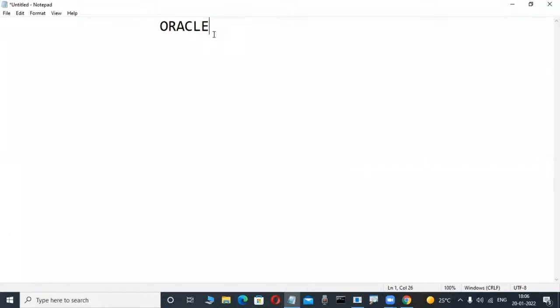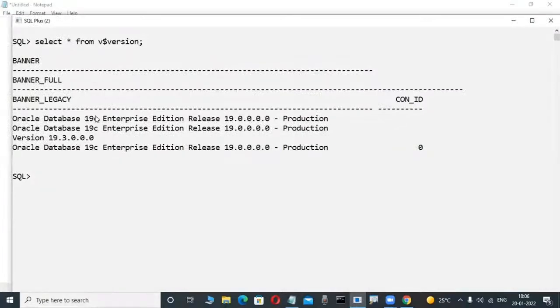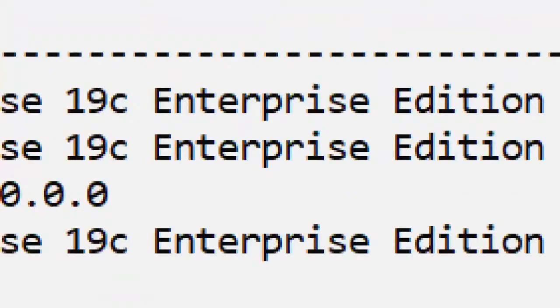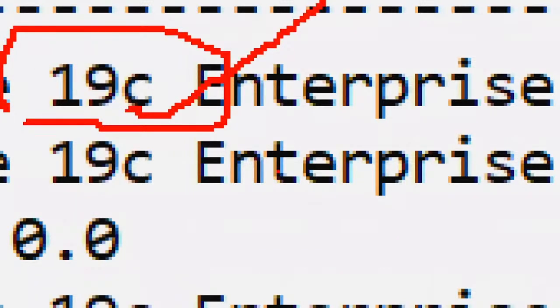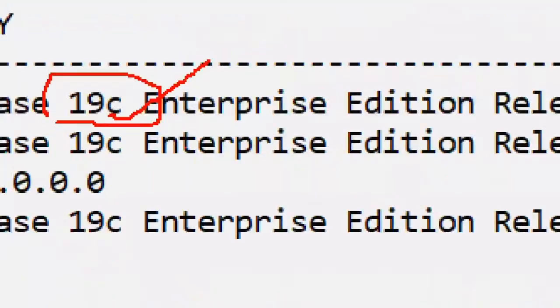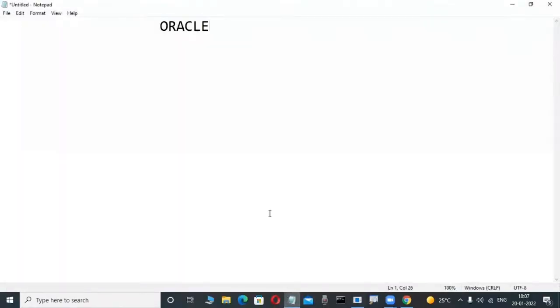That is also called 8i, 9i, 10g, 11g, 12c, 18c, 19c, and the latest one, 21c. But in our class, this software is available: 19c we are learning only. C means cloud technology. Cloud computing is there; in olden days, grid computing was there. Now cloud.